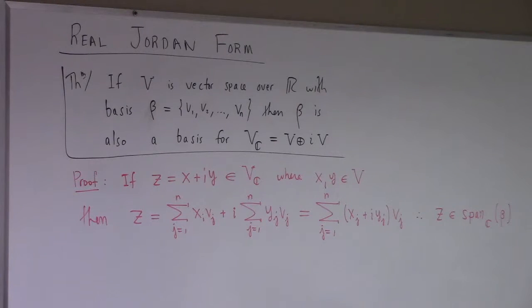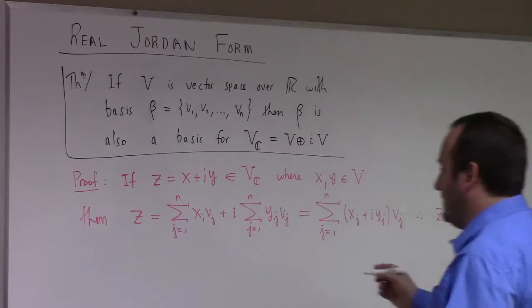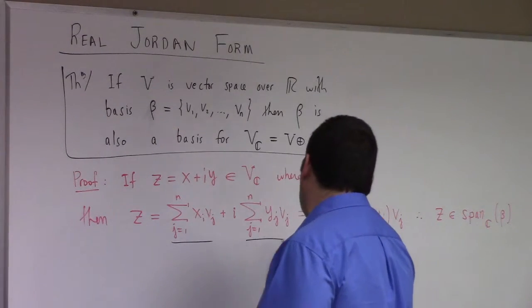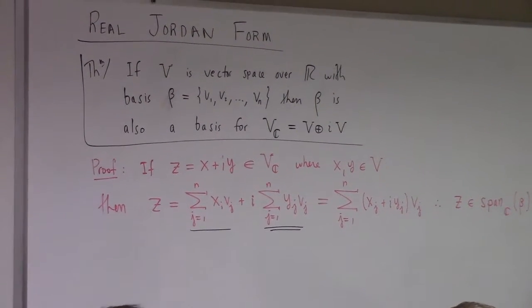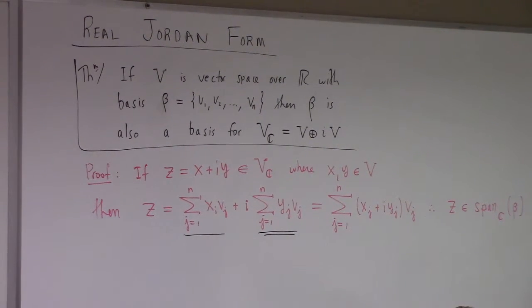So there have to exist real constants, x1 through xn, and y1 through yn, which give weights to form x and y as linear combinations, right? So I'm using the fact that beta is a basis for the vector space. Make sense? I hope so. Beta is a basis, so you can expand x and y in the span of the basis, right?